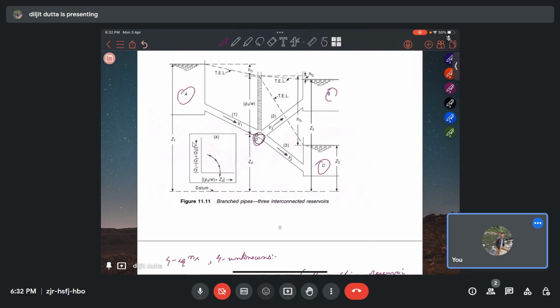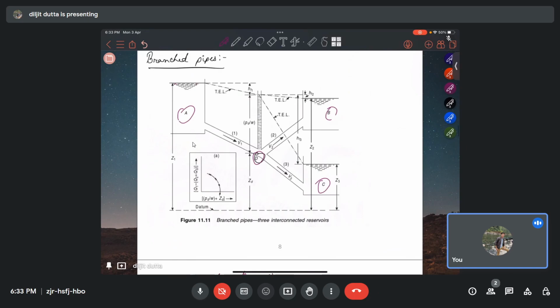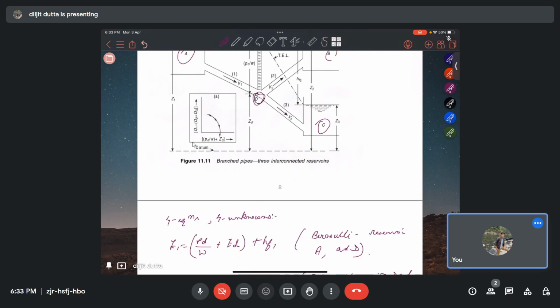The datum head is Z1 and the pressure head is P atmospheric, and if we are taking gauge pressure, then P atmospheric will be 0. So the only term in the Bernoulli equation at A will be Z1.